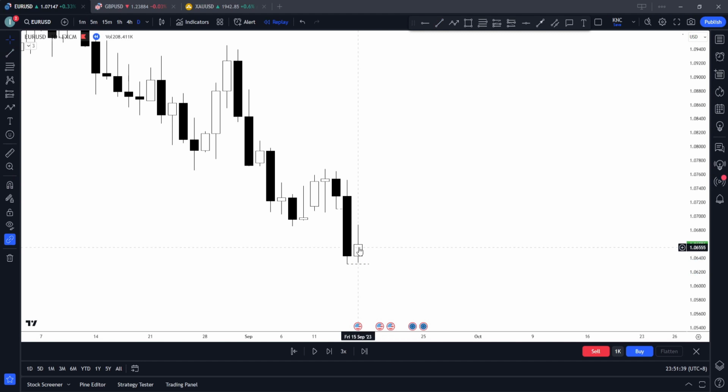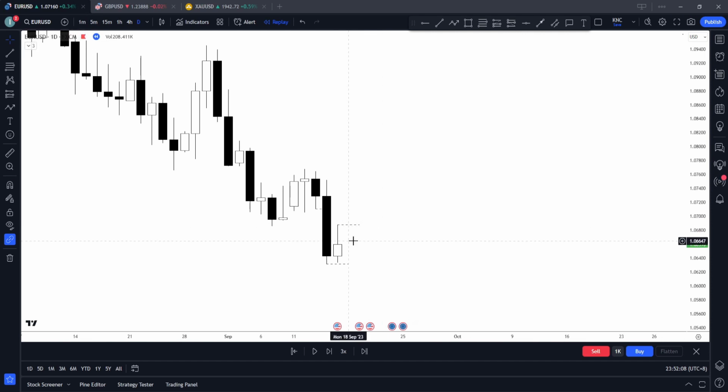But this Friday candle did not close below it or take it out, so I'm expecting the next candle to be bullish since it did not close below the previous daily candle. Now we get our daily bias. We're going to the 15-minute time frame to look for our setup.